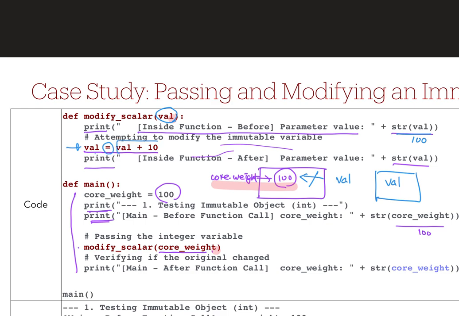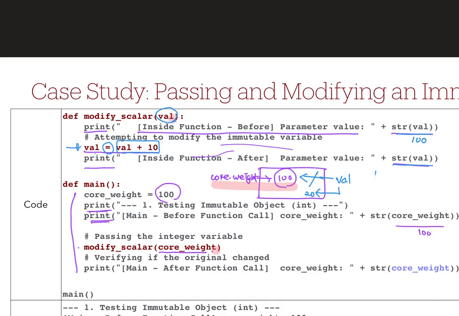You evaluate VAL plus 10, and this result is given to the variable VAL. So inside your memory, the new value is created, and the previous connection between 100 and VAL is disconnected. VAL is connected to this new value. So that is the local variable within this function.